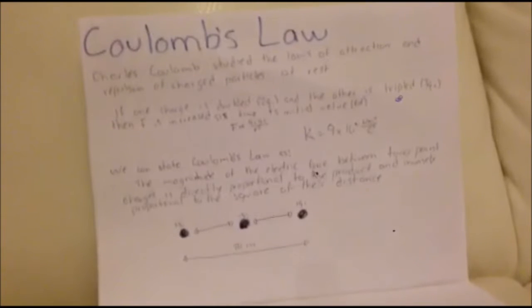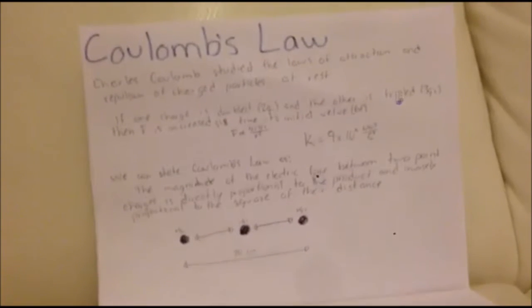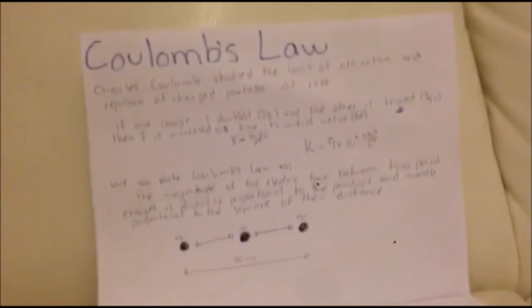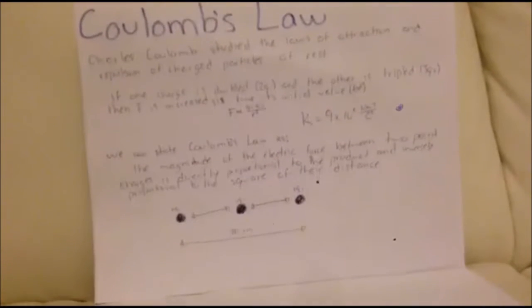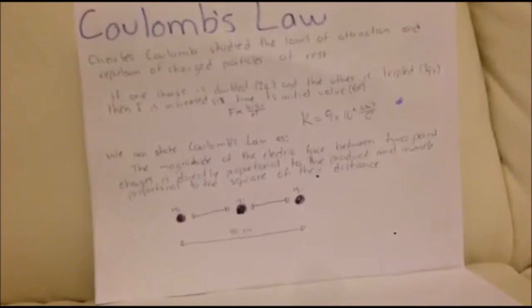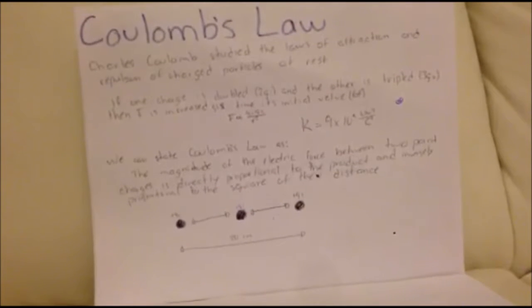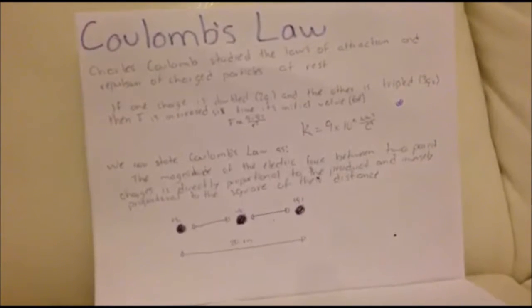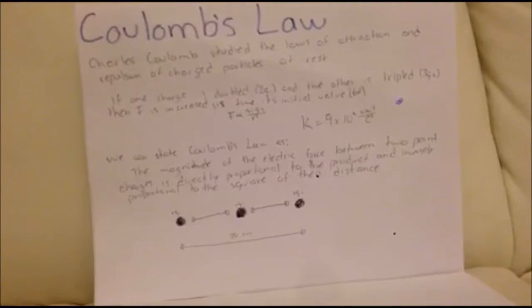The constant is always 9 times 10 to the 9. We can state Coulomb's law as: the magnitude of the electric force between 2 point charges is directly proportional to the product of the charges and inversely proportional to the square of the distance.